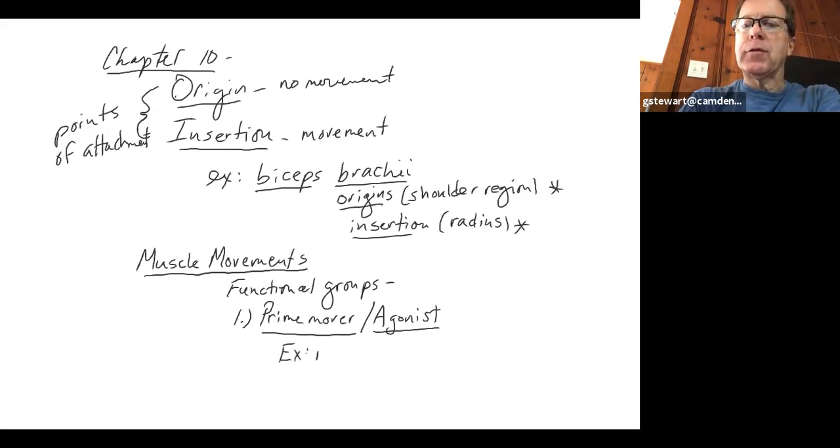I think your book gives you pectoralis major. That's the sheet of muscle over our rib cage on our chest. It's the breastbone muscle, so the pectoralis major. This is the major agonist. It has the majority of movement in total arm flexion.